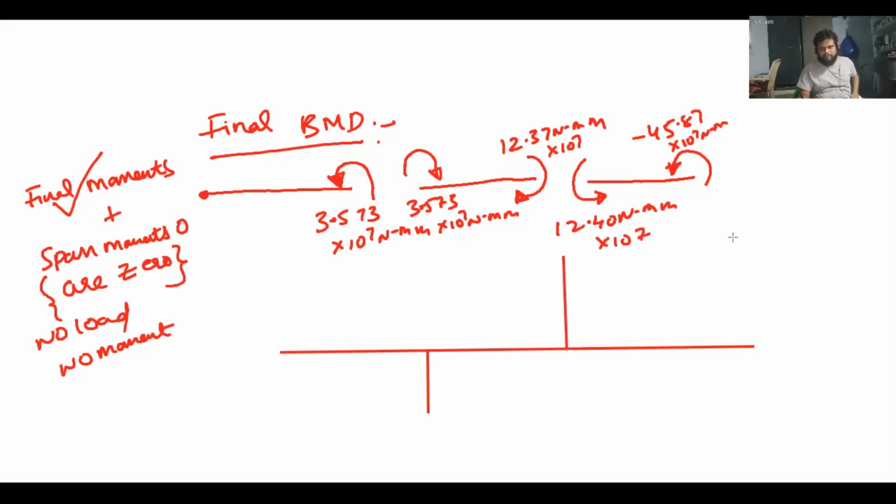Afterwards, this is pushing downwards. How much is it? 45. So this is 3.5 and this is 45. For 45, taking this much is enough. What is our final step? You just join them.